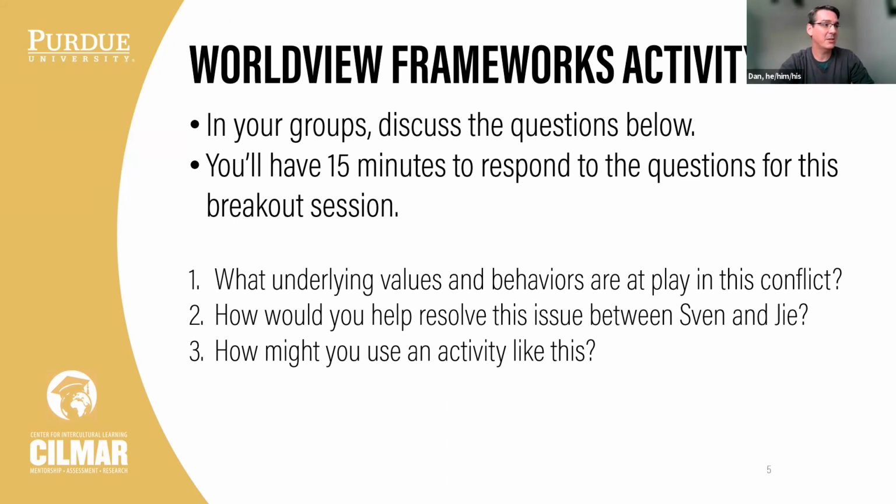So the third question, how might you use an activity like this with your students? I think it's useful to teach how easily we make the wrong explanation for behavior, that whole thing about misattribution.